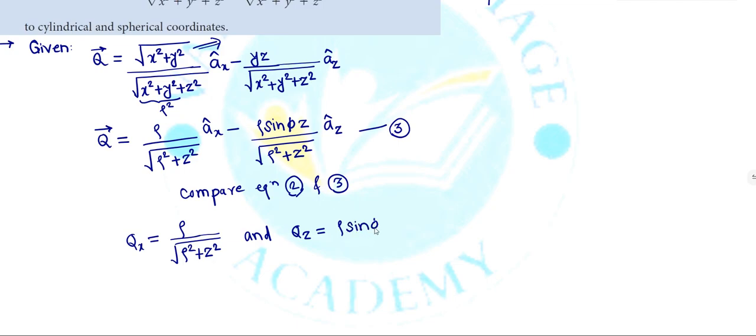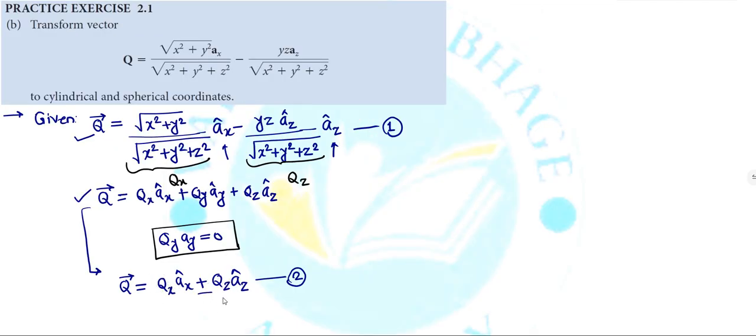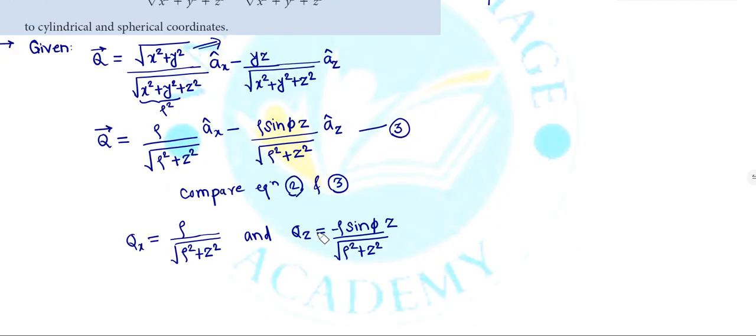Rho sine phi z divided by the square root of rho square plus z square. Okay, and this is to be given with the minus sign. Why? Because we have written plus over here, isn't it? So that's why qz is the minus of rho sine phi z divided by the square root of rho square plus z square.